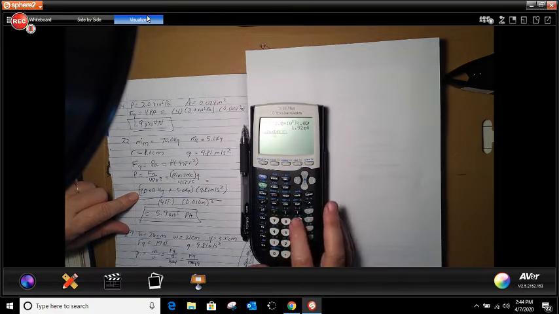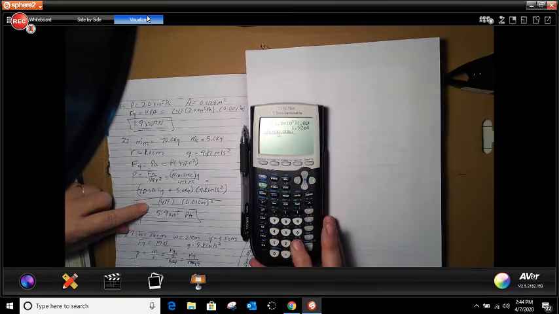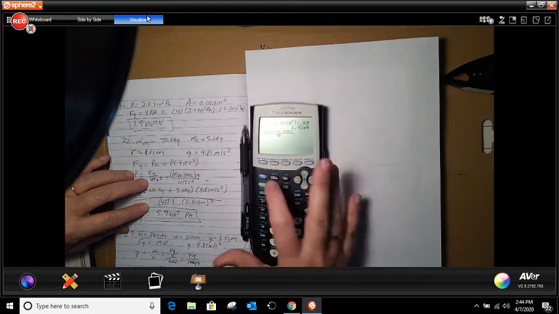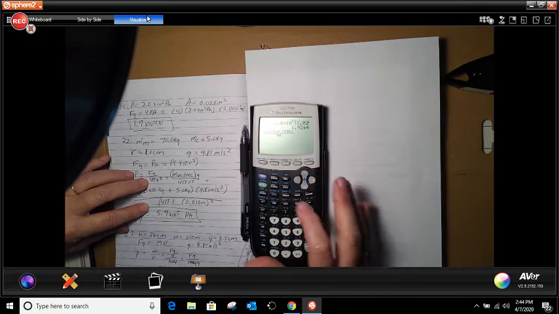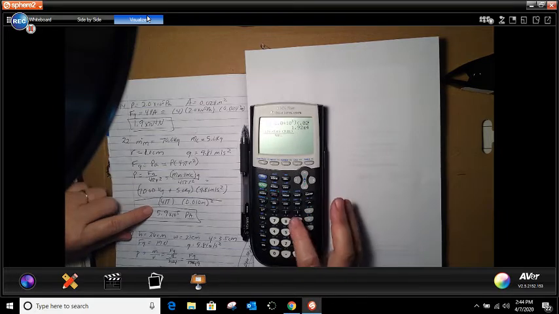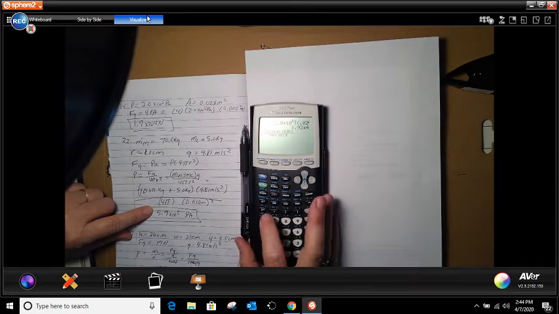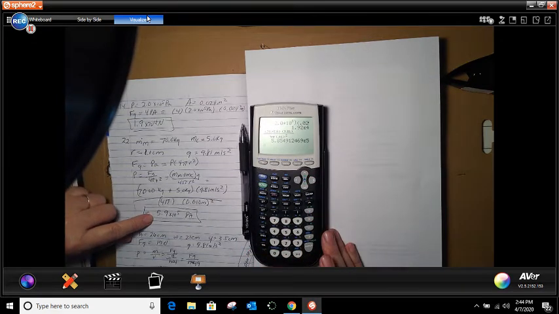Multiply that by gravity. Then we do 4 pi times 0.01 squared, over enter. And we get 5.9 times 10 to the 5th.